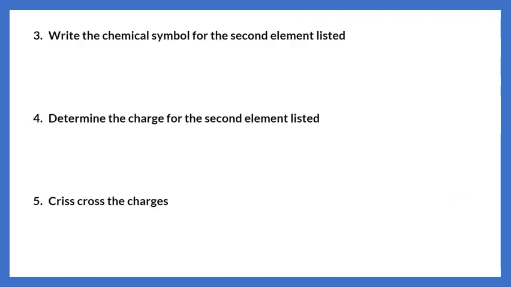All right, now it wants us to write the symbol for the second listed element. So far we're trying to write out iron 3 sulfide. And so far we have the iron with the +3 charge.